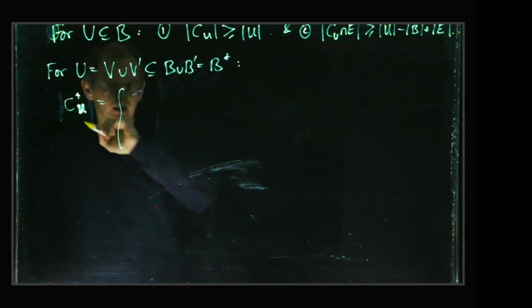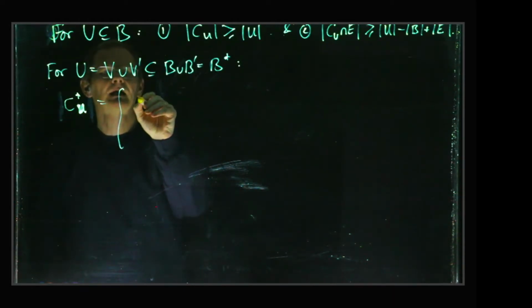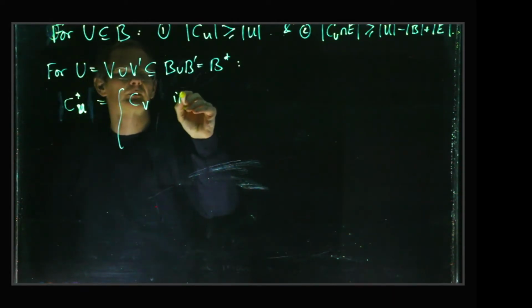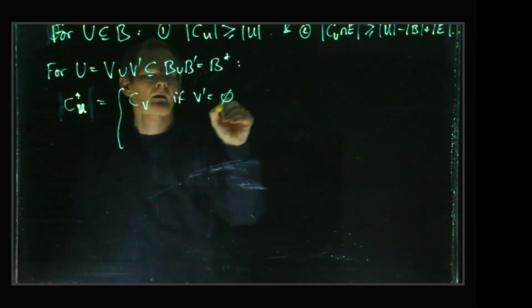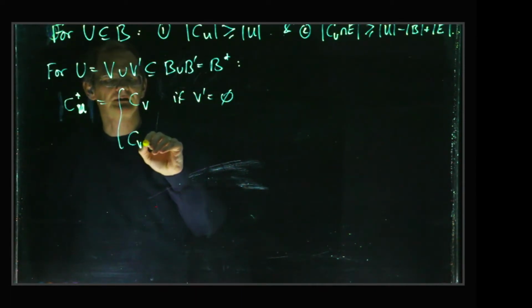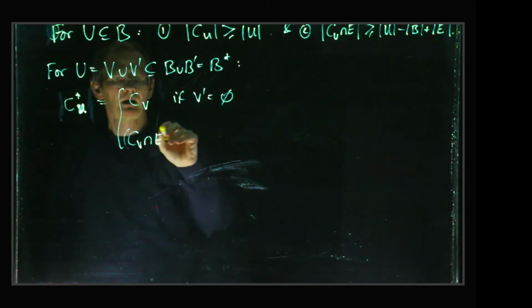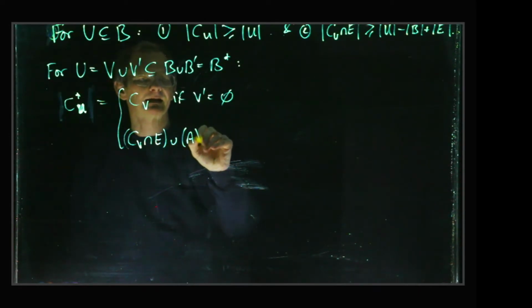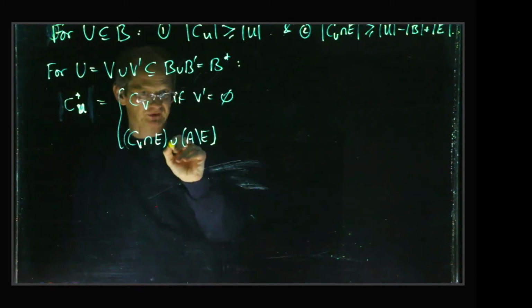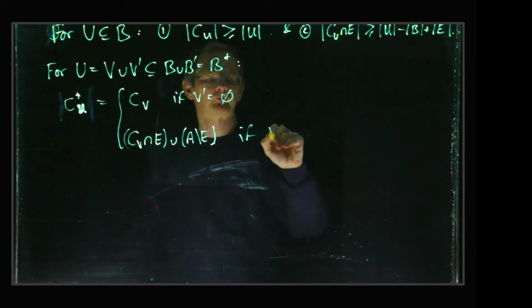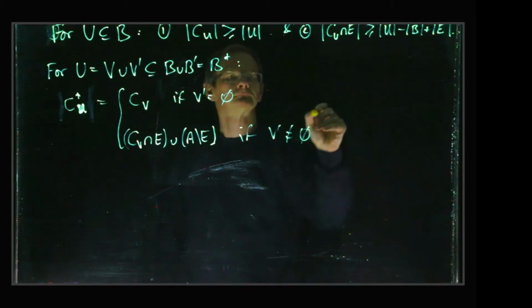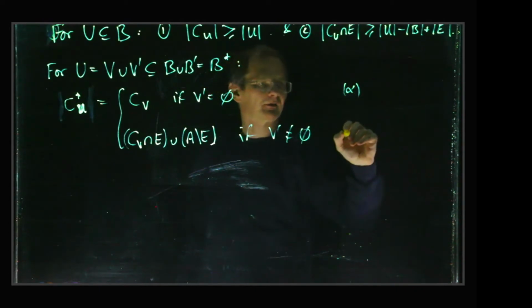So this is the set of candidates here. This is just equal to CV if V prime is empty. And we said it's CV intersect E union A less E, and this was a disjoint union if V prime is not empty. So let's call this case alpha, this case beta.